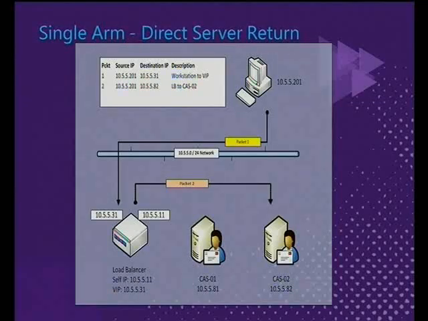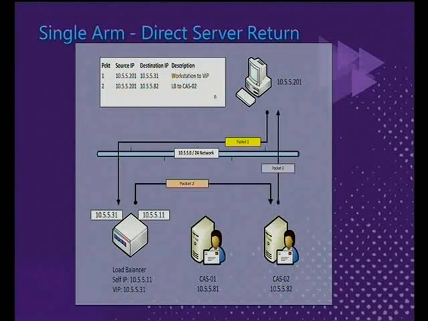The load balancer sends the request off to the CAS servers, but it does not change the source IP using SNAT. It just forwards that packet to a CAS server and leaves the source IP as 5.201. So in this case, the CAS server is going to reply directly back to the client. When we configure direct server return, we have to do some additional configuration on our CAS servers.